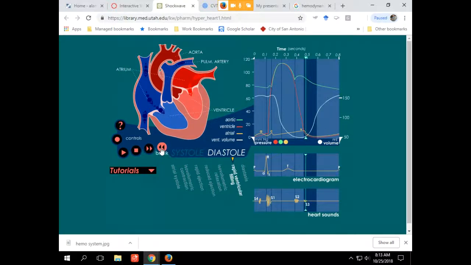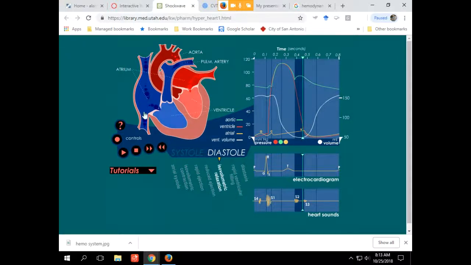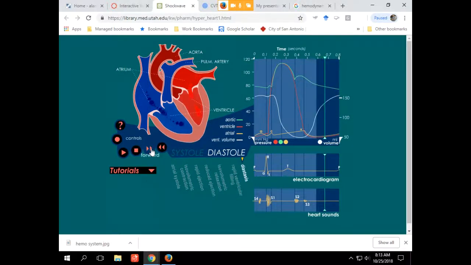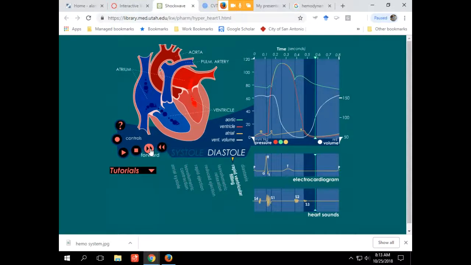And you see what's happening during rapid filling. The ventricles are filling rapidly. Remember during systole, all this blood started accumulating because it was still coming back, so it's ready to just dump. It is just ready to go. So we have the rapid ventricular filling.